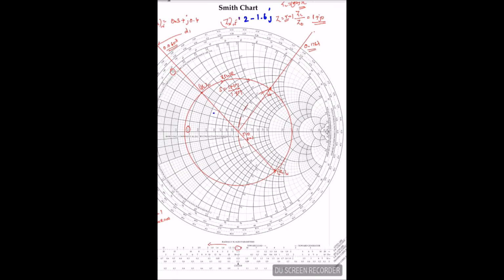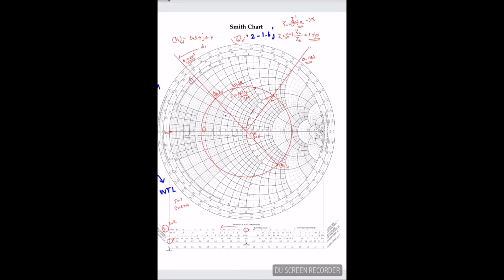Now I have to move from the load, from the normalized load point, to provide the stub length of L1 so that I reduce my admittance to 1 plus.